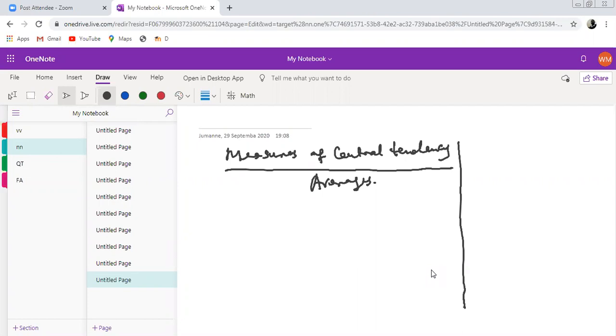Those, the mean, mode, and median, are our measures of central tendency. And what they mean is this: it is one individual value that is representing the entire group of data.